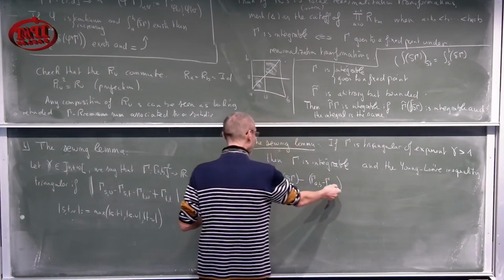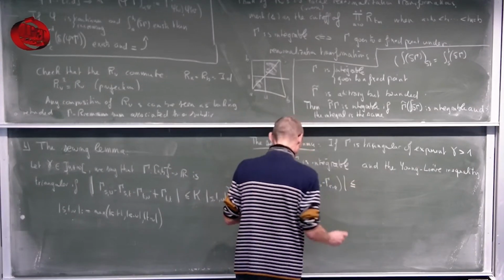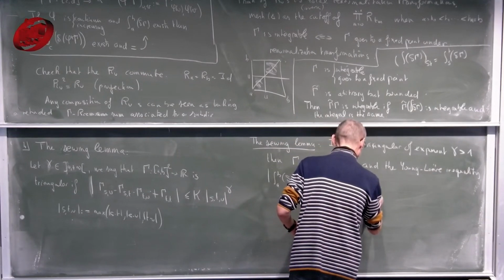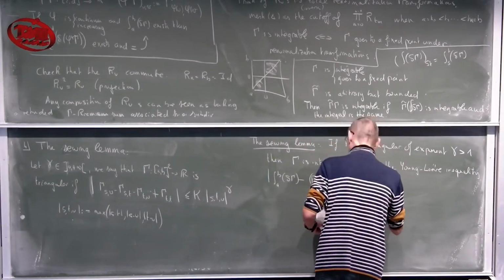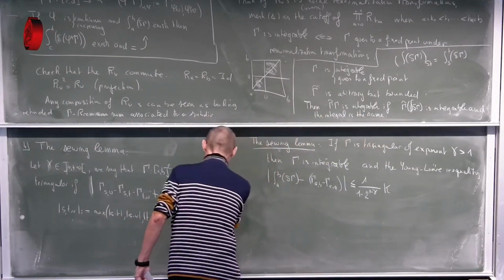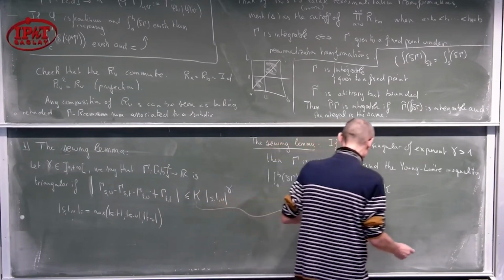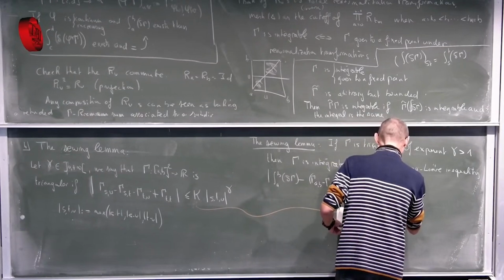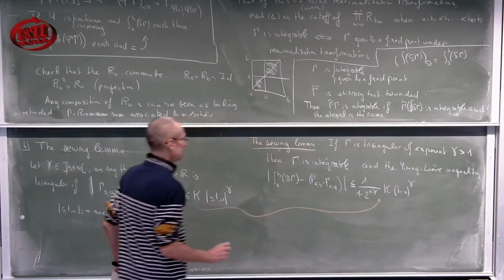I could forget about that one. This is always going to be less than 1 divided by 1 minus gamma, K, this K here, times B minus A to the power gamma.